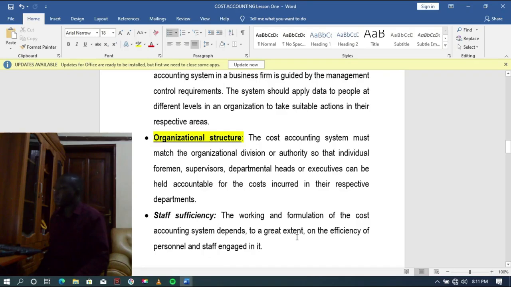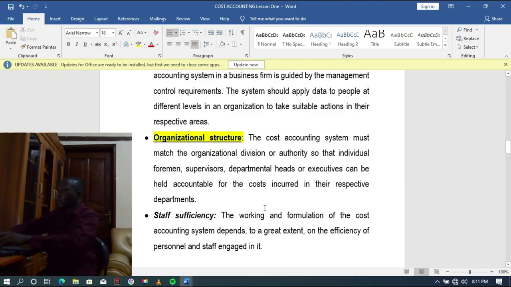The system must match the organizational division of authority so that foremen, supervisors, departmental heads, and executives can be held accountable for the decisions made in the business, given that every decision made in a business is influential to the overall performance of the firm. So it must hold each and every responsible authority accountable for the decisions made by them.